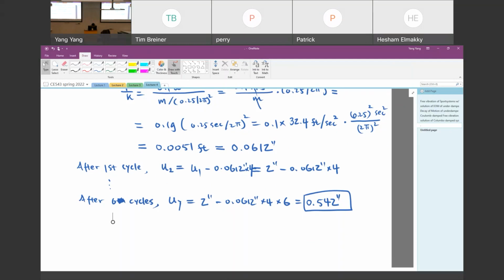And similarly, after n cycles, U n+1 is equal to this.